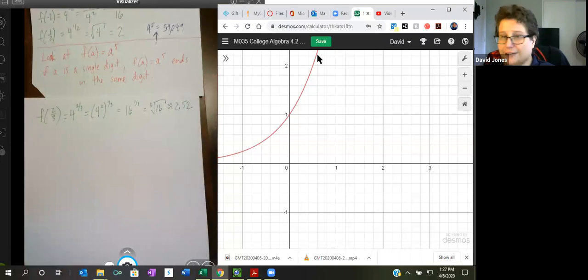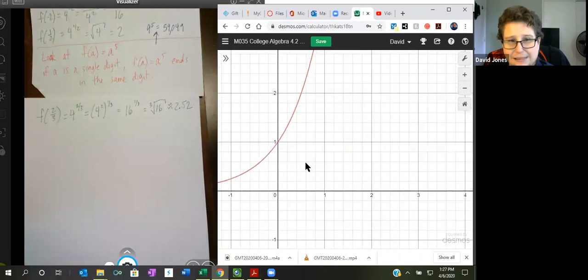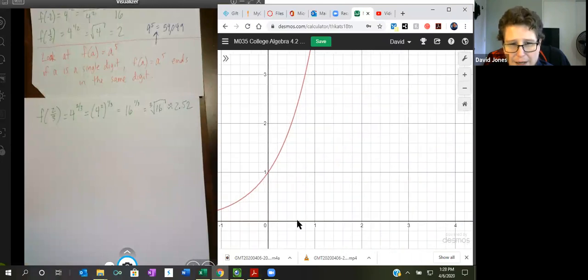It's not that friendly. But we can try to look at it here. 4 to the 2/3. Well, this is the 0.6 mark. So we're looking for 0.66. That's 2/3.